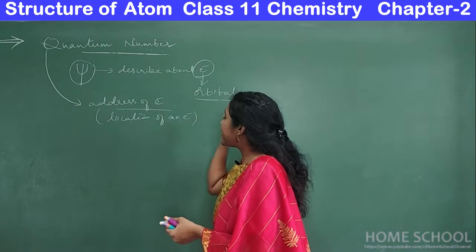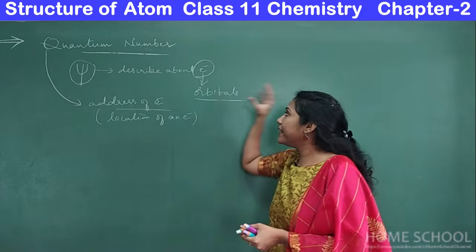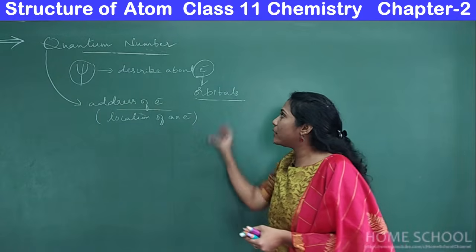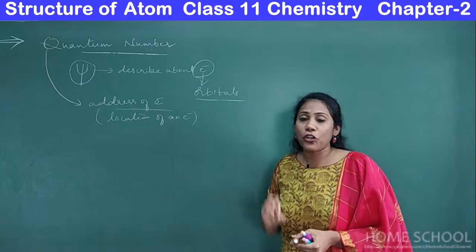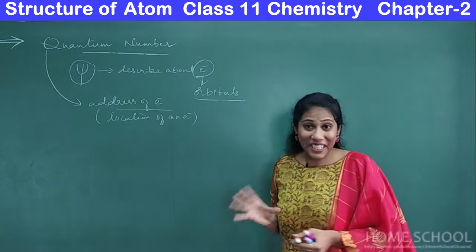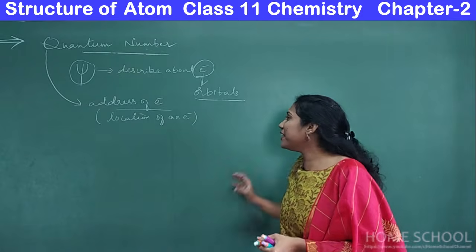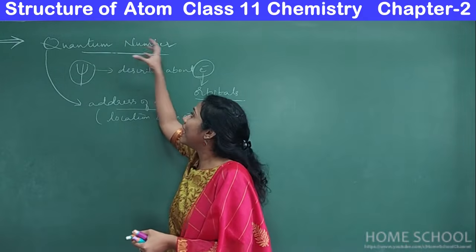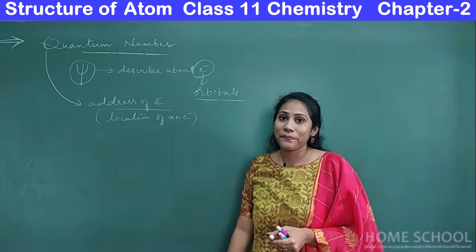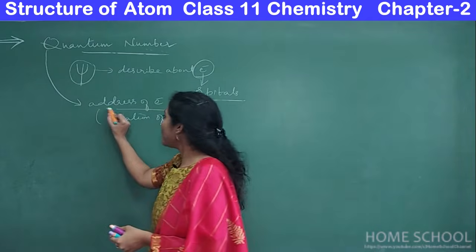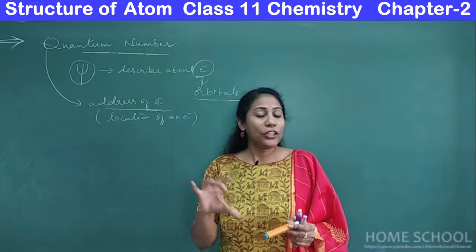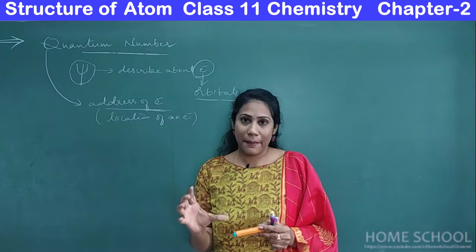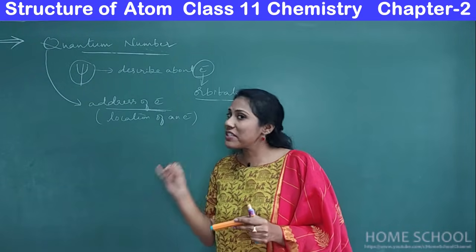So where exactly the electron is present, in which orbital it is present, what is the size of the orbital, what are the energies of the orbitals, the orientation of orbitals, everything you can understand with the help of quantum numbers.